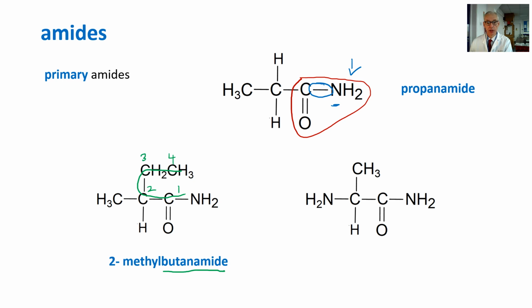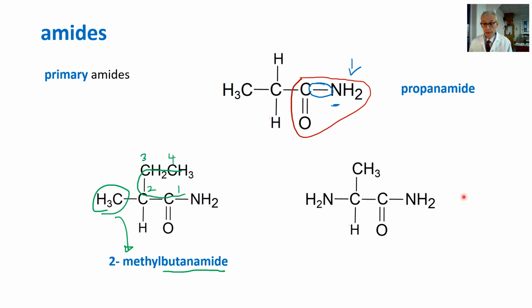We don't need to number because the amide group must be on the end of the carbon chain. So butanamide, which means we need to position the methyl group as a substituent, so 2-methylbutanamide. If you haven't already done so, have a go at the right-hand molecule.